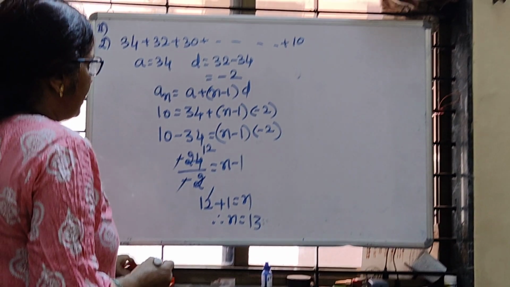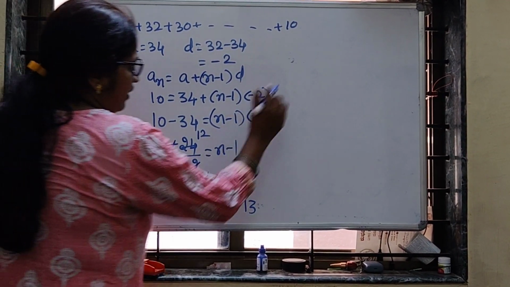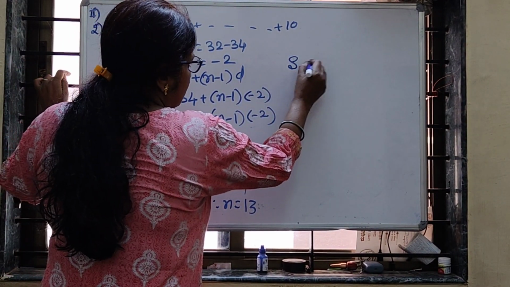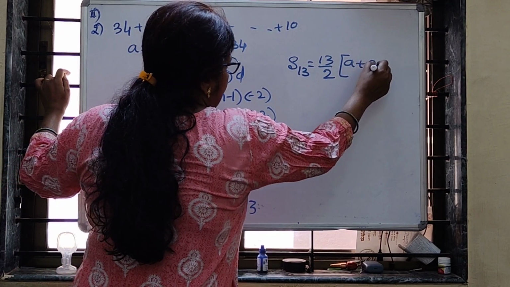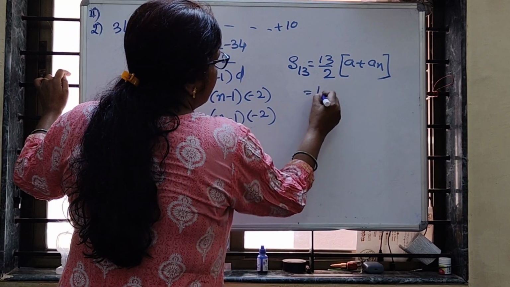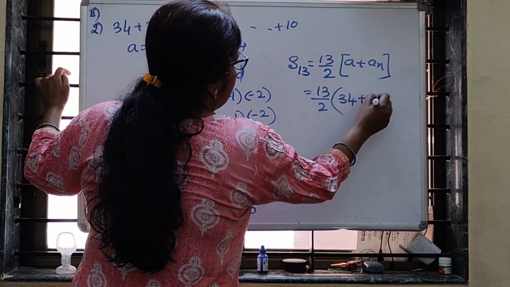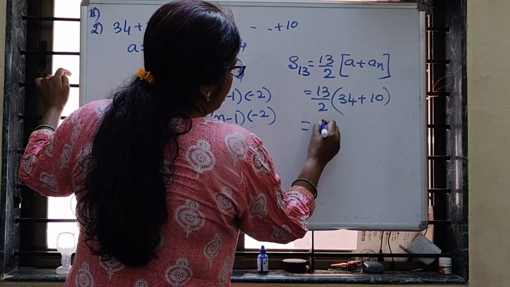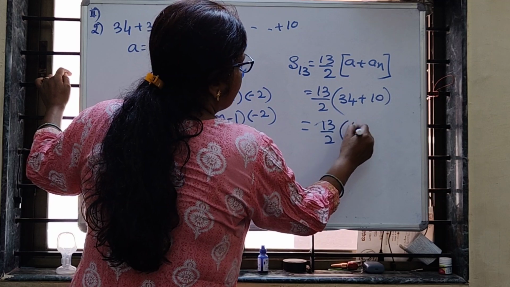So after getting n, we need to find S13, children. S13 is equal to 13 by 2 into a plus an, that is the last term. 13 by 2, a is 34, an is 10. So 13 by 2 into 34 plus 10 is 44.